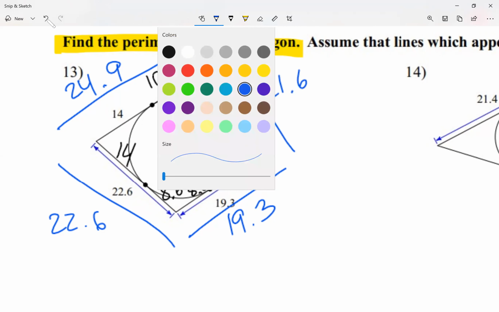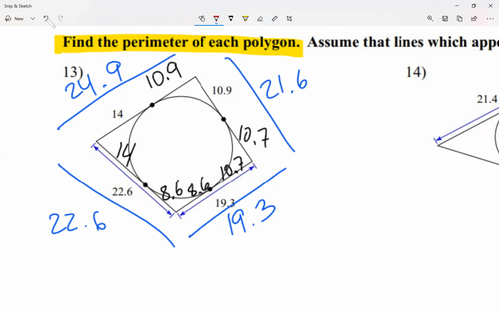So I found out, so far, I'm not quite done yet. Remember, to begin with, I find out how big is each tangent segment. The second thing I found out is how big is each side. Now for the perimeter, let me add all the sides. So I'm going to go 24.9 plus 21.6.